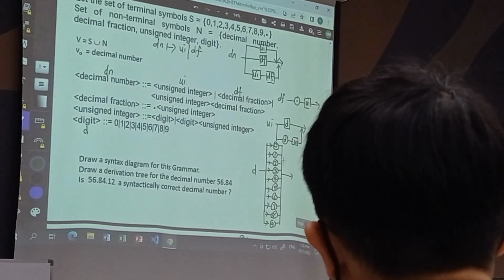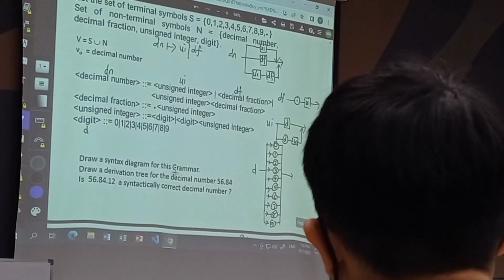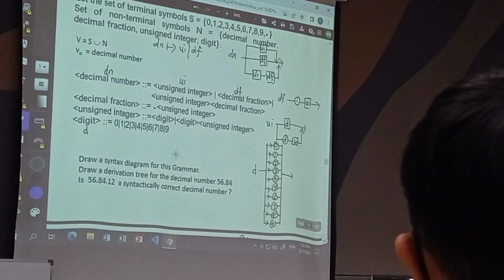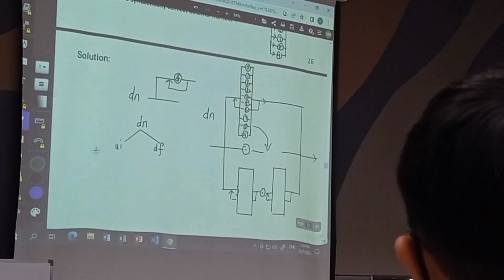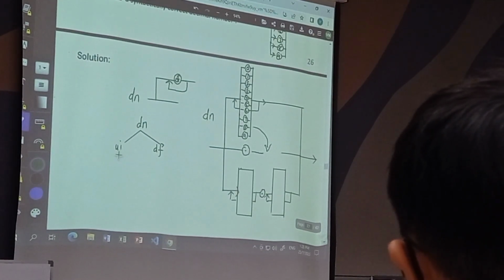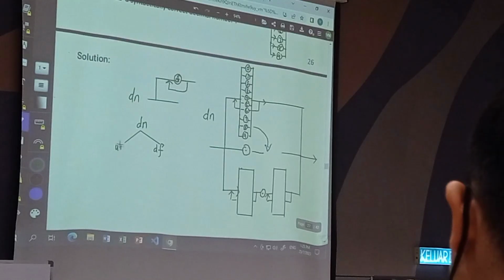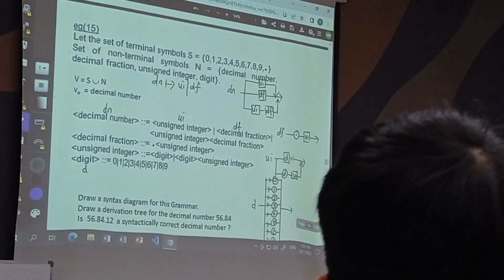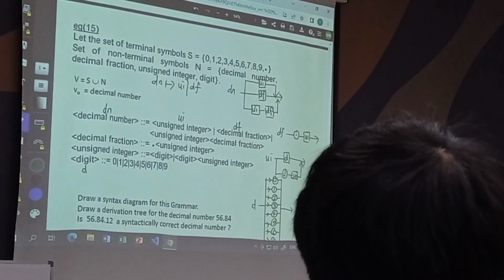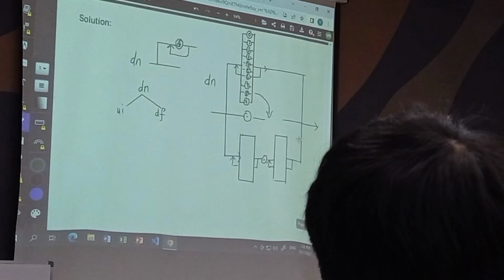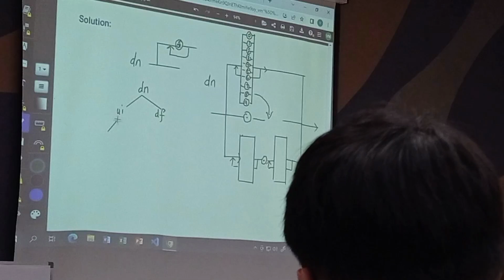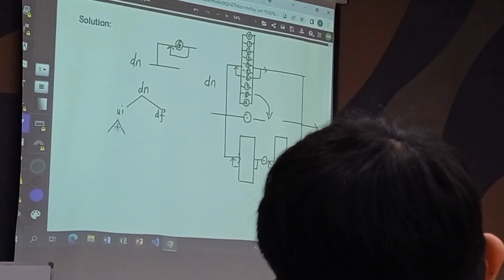If I want to have the number 56.84, at the unsigned integer this part, I need to replace with digit only, or I need to replace with digit unsigned integer. First one or second one? Second one. Agree? Why we need to replace with digit and unsigned integer?